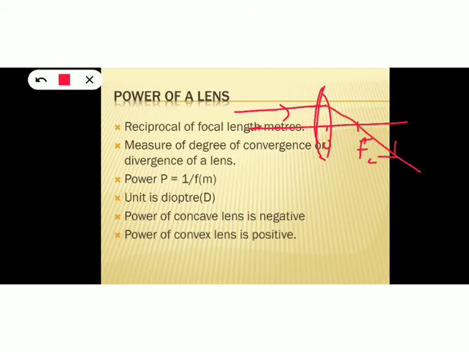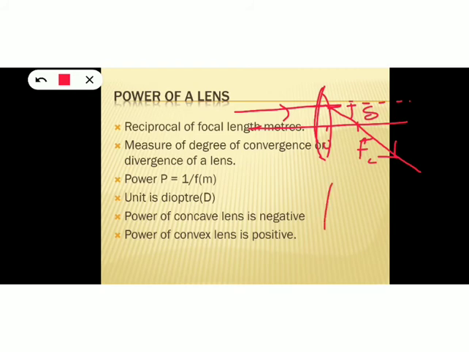So this is the actual path of the light ray, but due to the presence of the lens, it bends like this. So what is the degree of convergence here? The light ray is converged to a point, that means on the focus. So this is the degree of convergence. This angle gives us the degree or measure of that convergence.